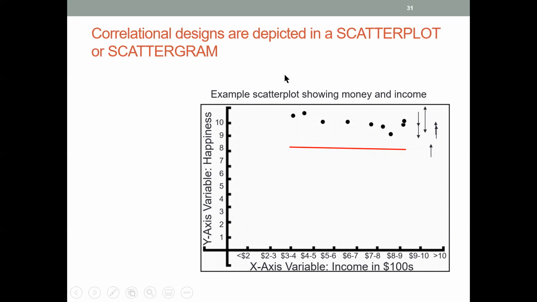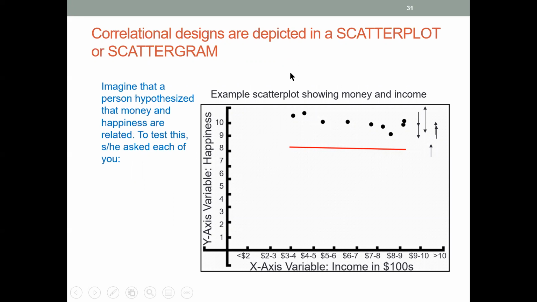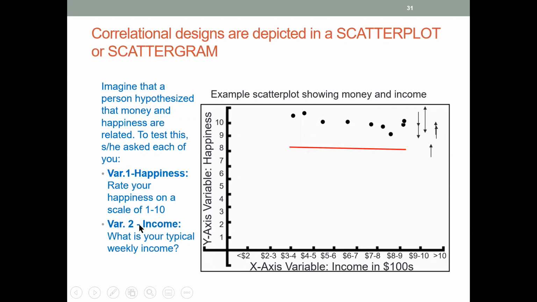What I would do if we were in class is ask you to write down your overall average level of happiness and your income. In other words, I might say, please rate your happiness on a scale of 1 to 10, and please tell me your average typical weekly income.